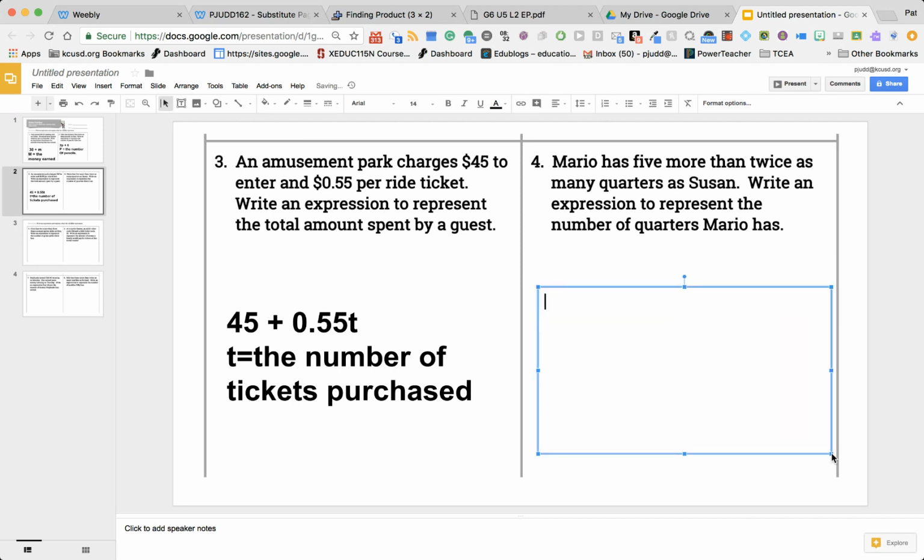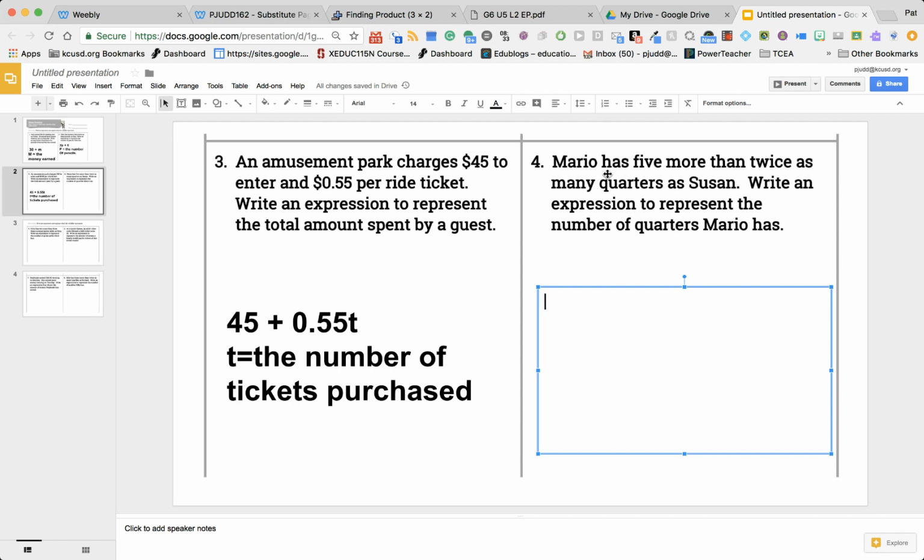Mario has 5 more than twice as many quarters as Susan. Write an expression to represent the number of quarters that Mario has. Well, the important information is he has twice as many quarters as Susan.